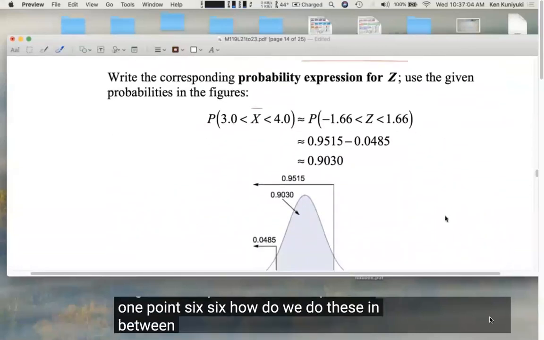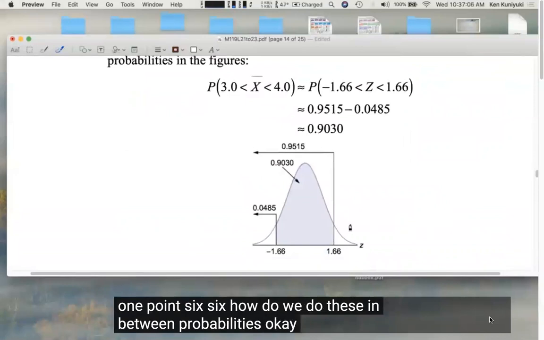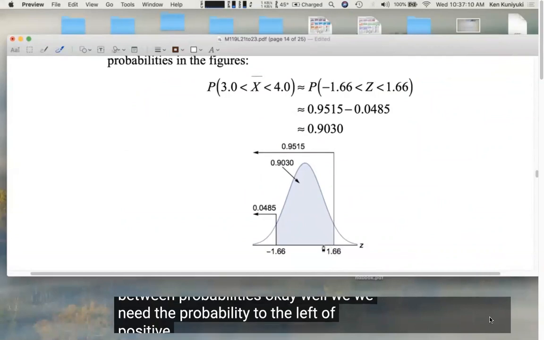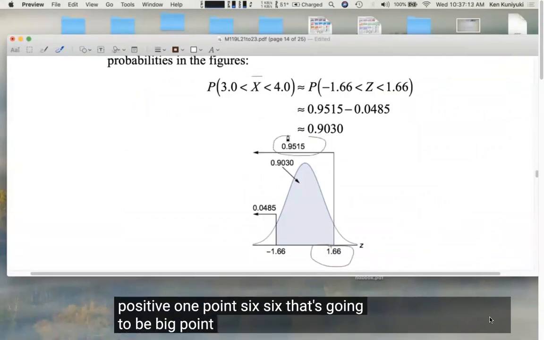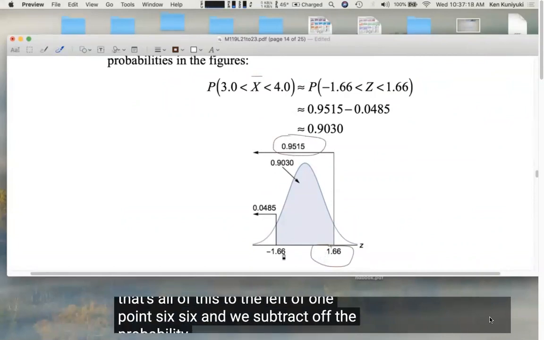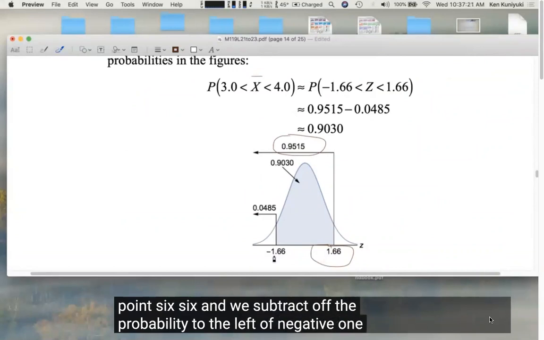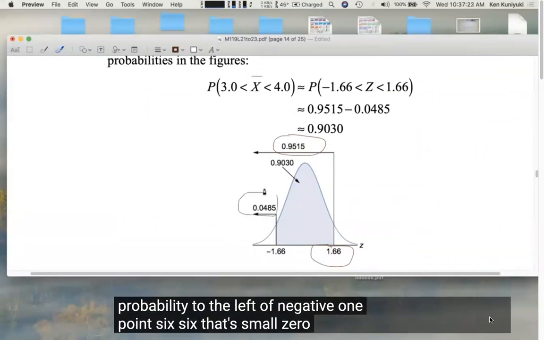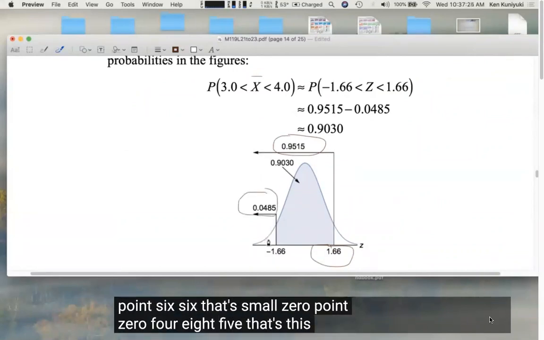How do we do these in-between probabilities? Okay, well, we need the probability to the left of positive 1.66, that's going to be big, 0.9515, that's all of this to the left of 1.66. And we subtract off the probability to the left of negative 1.66, that's small, 0.0485, that's this piece over here.